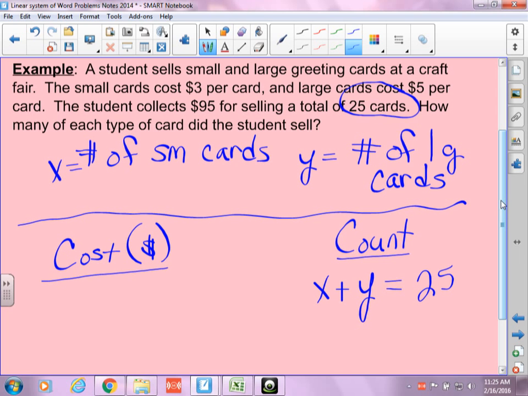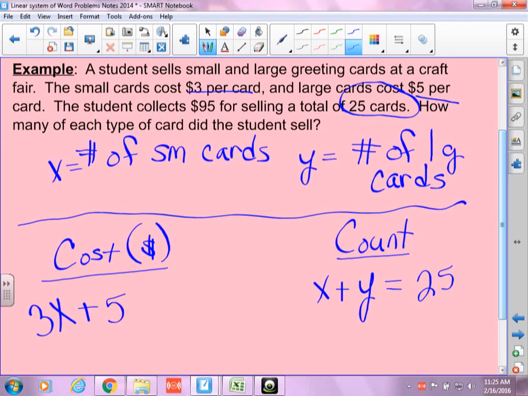Now I'm going to look at cost or value. How much are the small cards worth? $3, right up here, right? So I'm going to go 3x, because each one is $3. How much are the large cards? $5 right there, right?